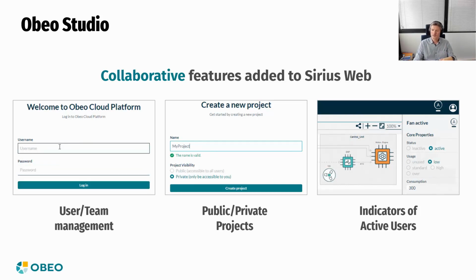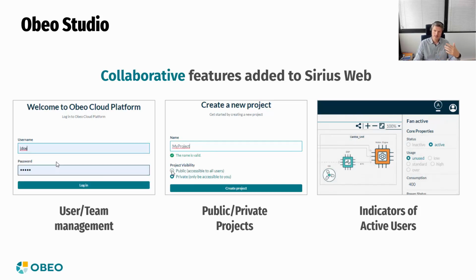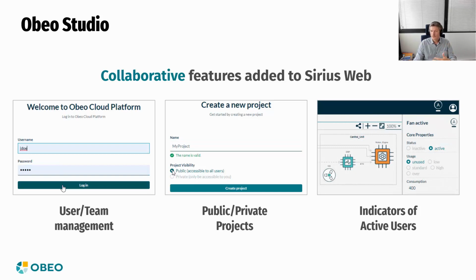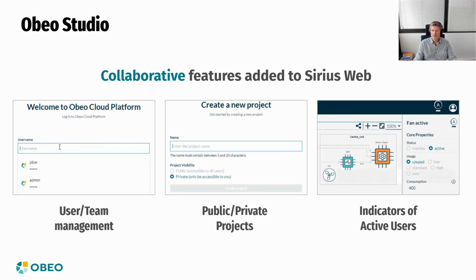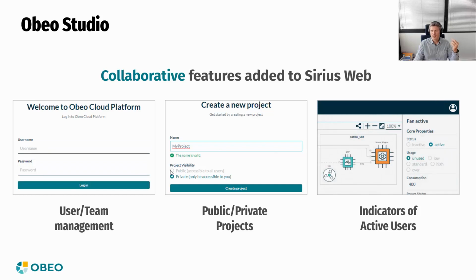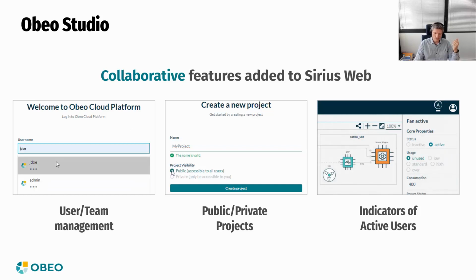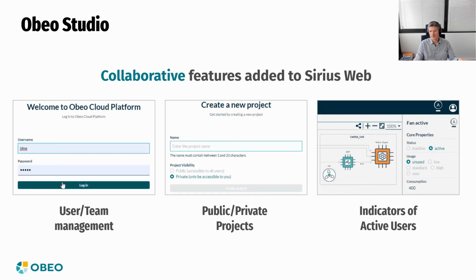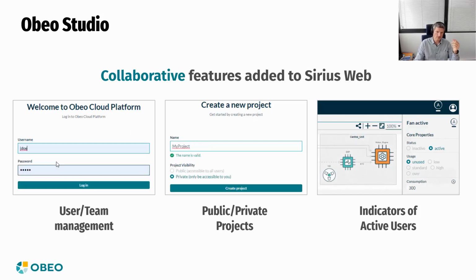And you can also have an indicator inside your editors showing who is modifying what in your models. And so you can have an experience similar to what you have with Google Docs, with Office Online, and other tools which enable such live collaboration.